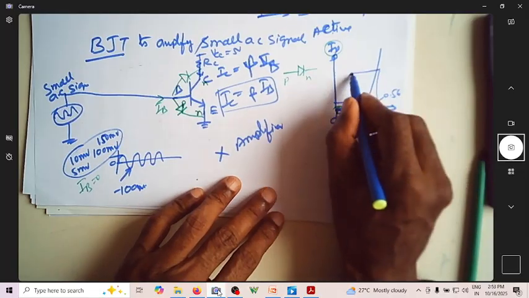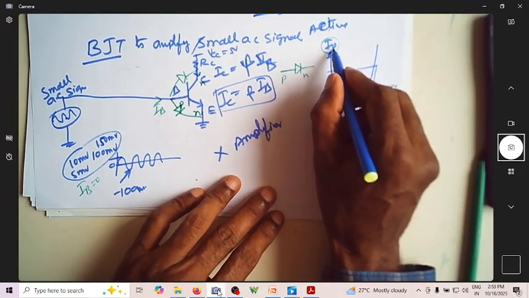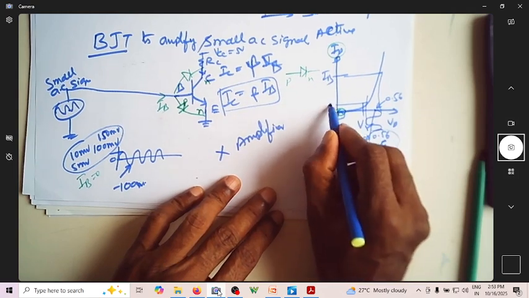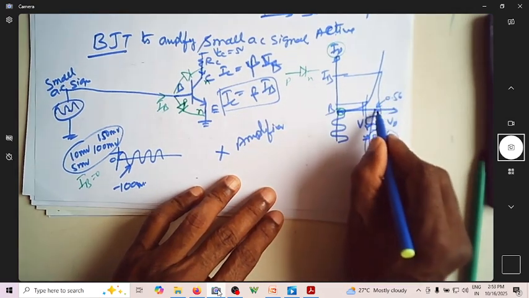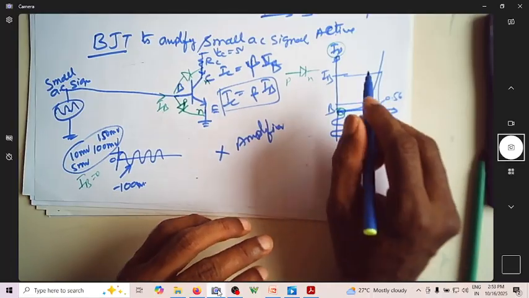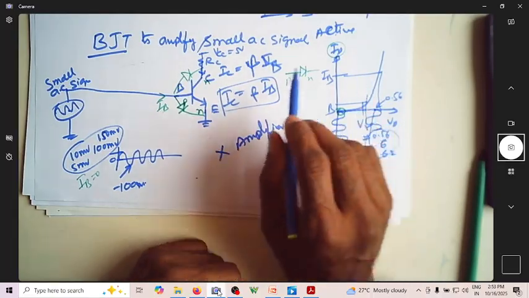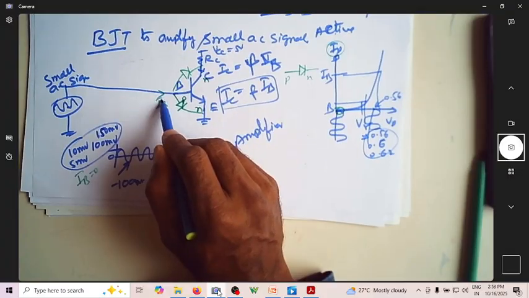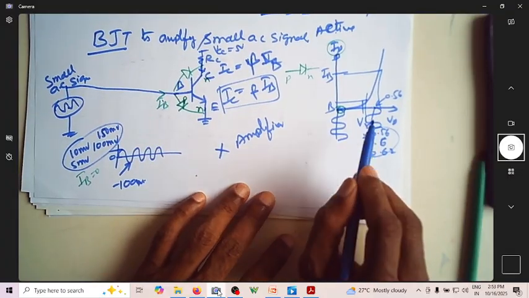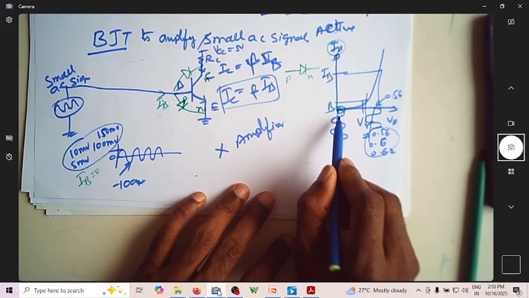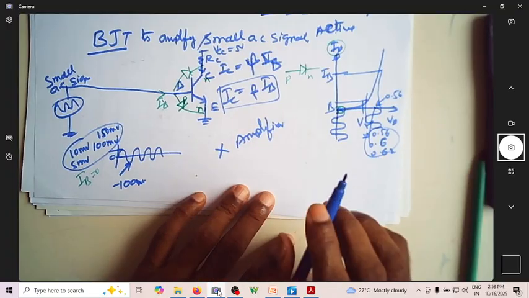You are going to have a different base current. Can you see the IB changes from here to here as your input voltage changes? So there is a change in the base current due to the applied voltage, provided this input AC signal is shifted from 0 to 0.56.